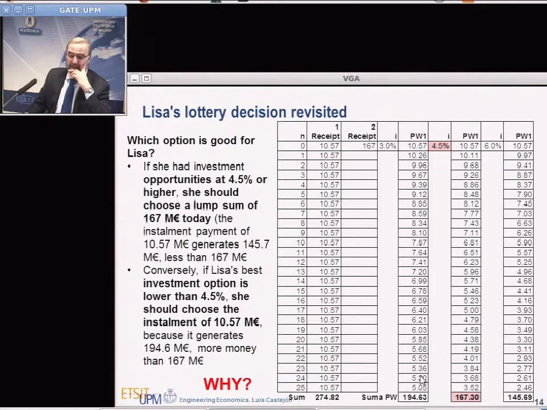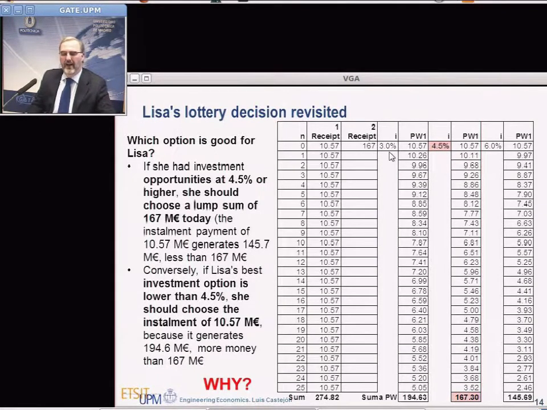I think it's easier to decide. If I give you today 167 euros at 3%, what you are going to receive is a lower amount than if you receive 10 million euros every year, because the present worth of 10 million every year today is 194. So you will prefer that amount because it's higher, investment 1 rather than investment 2.